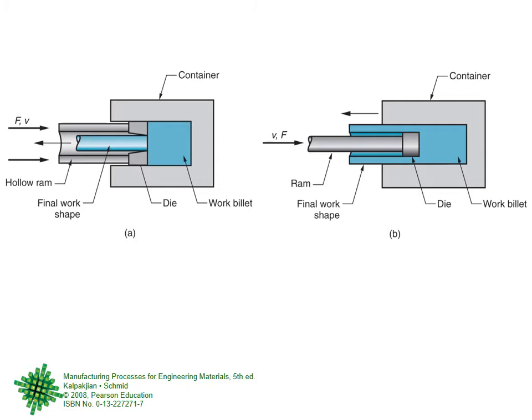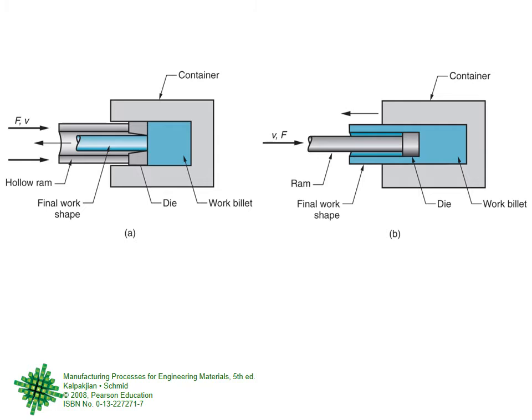So we can make this type of system, right? In one, the ram is solid, so the material that flows around the ram backward is a hollow material. If the ram is hollow, then the material that is flowing back into it is solid.